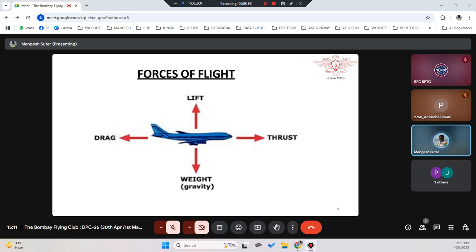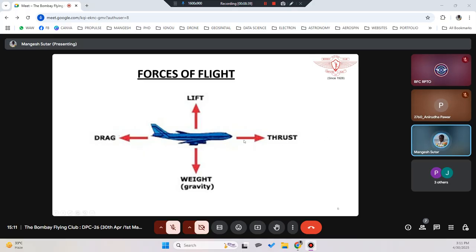Aeroplanes are designed aerodynamically in such a way that there is a minimal effect of drag. We try to reduce drag as much as possible, but we will never be able to achieve zero drag, because as long as the body and its surface are there, there will always be opposition of the air on the body.